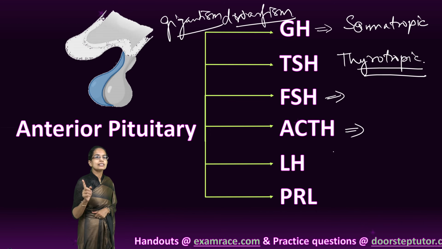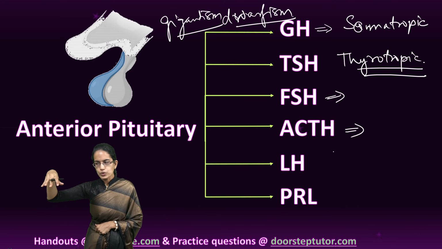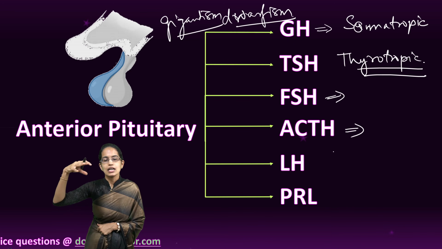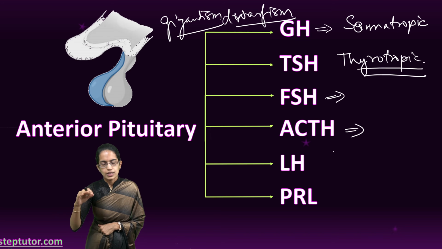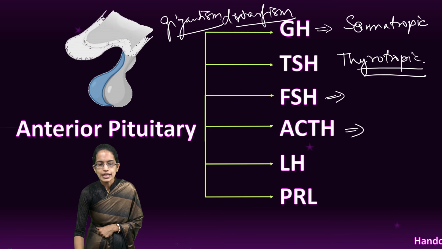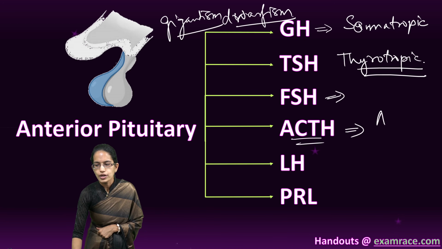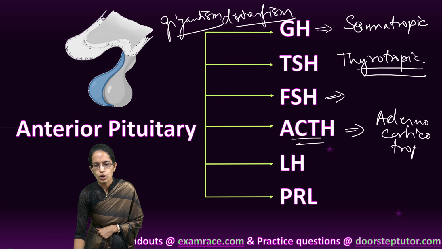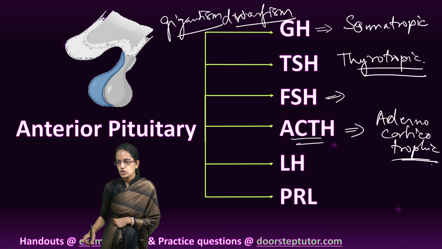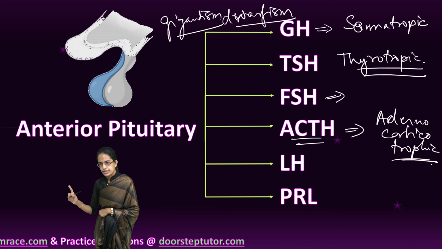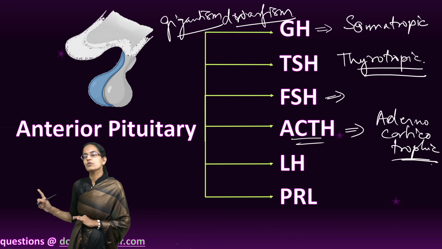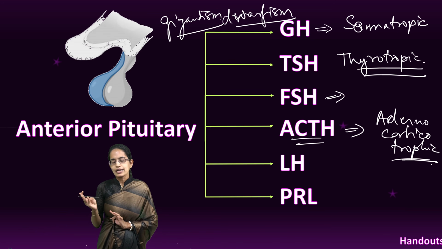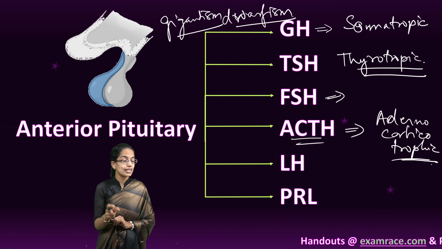The adrenal glands are the two glands above the two kidneys, the cap-shaped structures as we know, and these are answerable to the pituitary. So ACTH, adrenocorticotropic hormone, governs the growth and development of the adrenal cortex, and it stimulates the release of glucocorticoids and mineralocorticoids. If the secretions are less, they can lead to what?